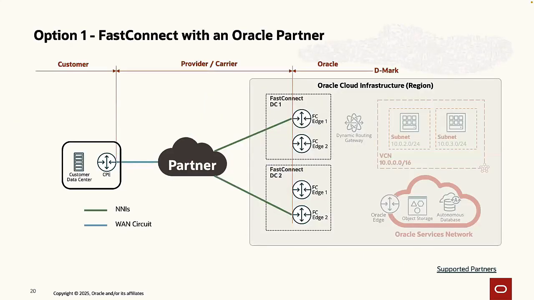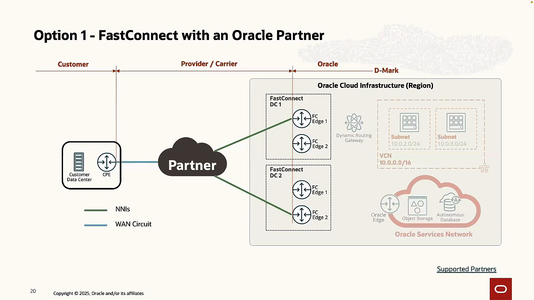So we have three methods when implementing FastConnect. The first one is with an Oracle partner. The second one is colocation. And the third one is a third-party provider. With an Oracle partner, you can connect to Oracle through an Oracle-approved FastConnect partner like Equinix, Megaport, BT. We have 90 plus partners in different regions.